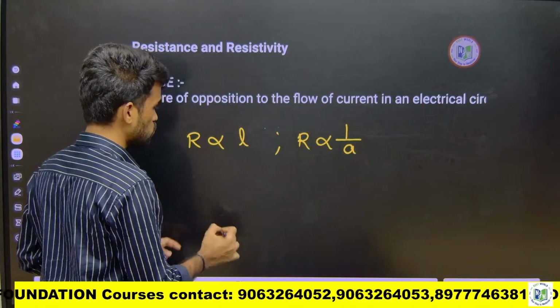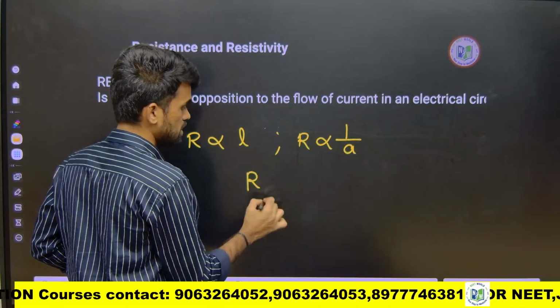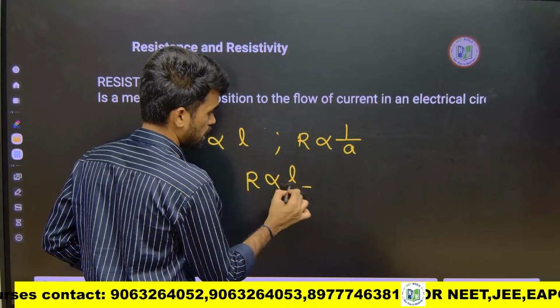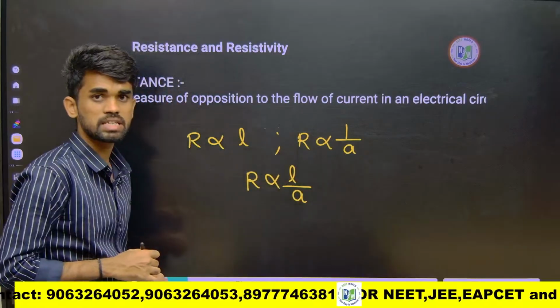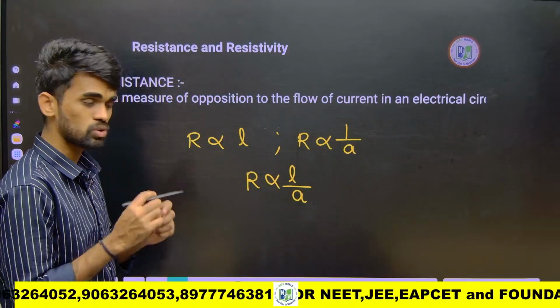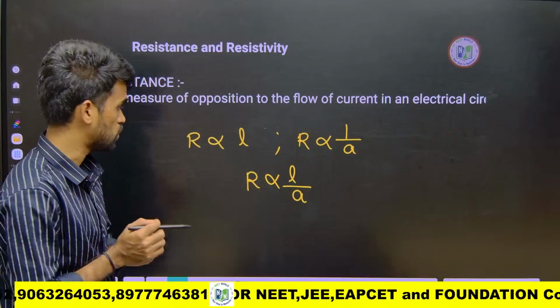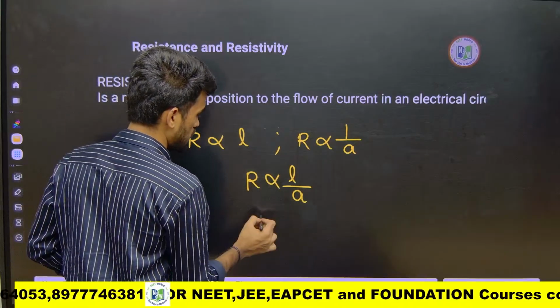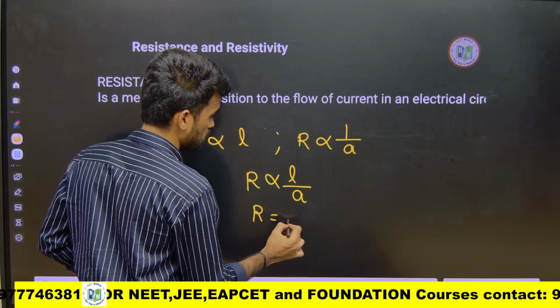So resistance is directly proportional to L and inversely proportional to the cross sectional area of that particular material. Now I am removing this proportionality and replacing it with something called rho.